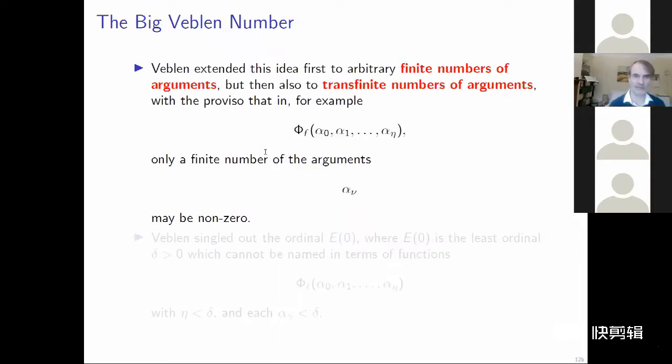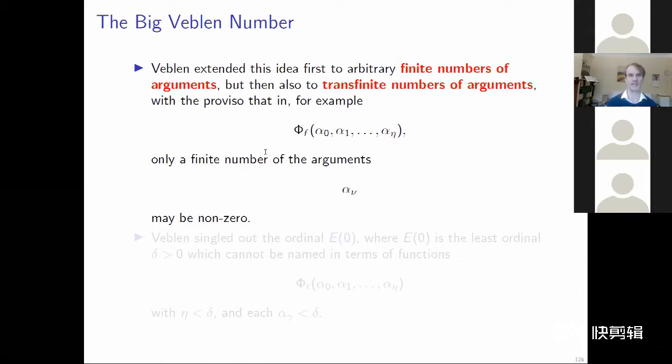And actually, Veblen went much further than that. He did not only introduce the phi function hierarchy, which is basically where you have two arguments, one the subscript and one the argument of the function. He actually went transfinite.